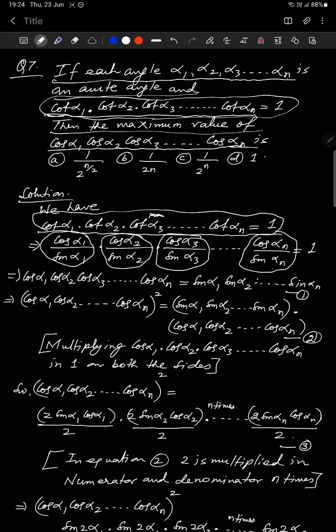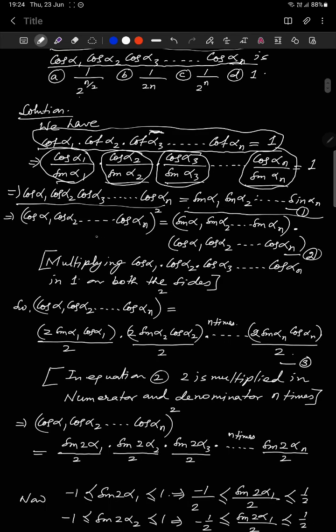Now what next we have to do is, the numerator remains in the left hand side, and the denominator, that is sin alpha 1, sin alpha 2, sin alpha 3 up to sin alpha n, is taken to the right hand side, and we have taken it as equation number 1. Now both sides we have multiplied by this quantity.